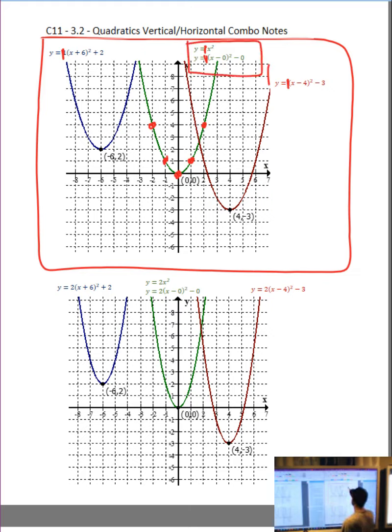Now what about this thing off to the right in red? Well, that looks like a combination. So, outside of the brackets, exactly as you see it. Up and down, down 3. Inside the brackets, the opposite as you see it. Right 4.